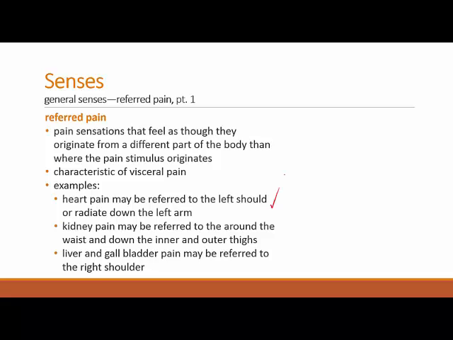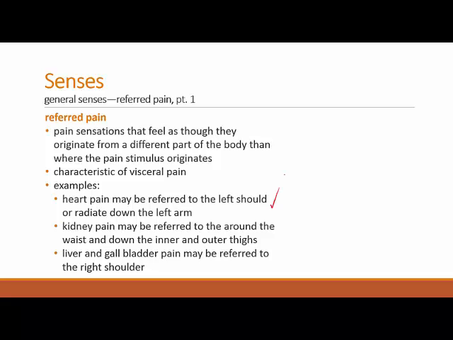And so it's important to know about referred pain and to understand how pain can be referred, because frequently you can have patients who are talking about pain in a very particular way that doesn't make sense. Well, why would that be? It could be because of referred pain.